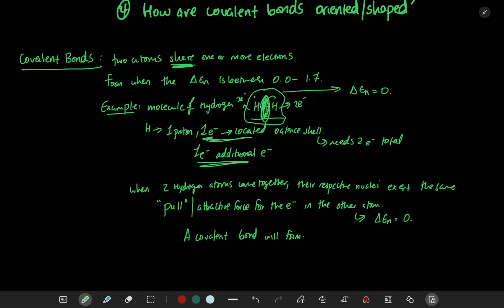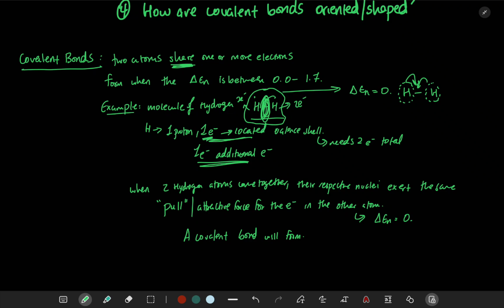So for example, let's just redo this here. The attractive force that the nucleus of this hydrogen exerts on this electron pair is going to be identical to that of the attractive force that the nucleus of this atom exerts on the bonding pair of electrons.